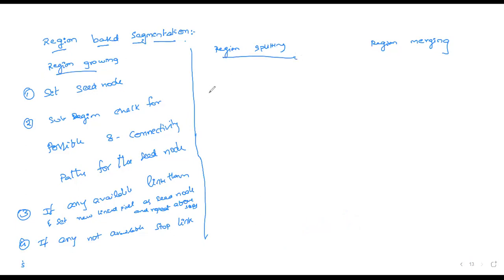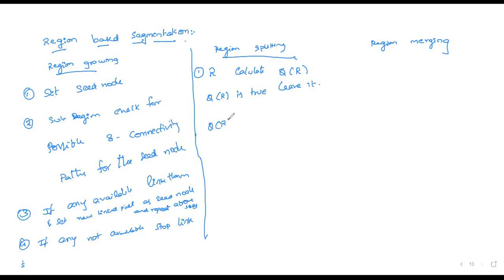Now region splitting. In region splitting, we have to follow only 2 steps. For the region R, you have to calculate the predicate Q of R for the entire image. If Q of R is true, leave it.